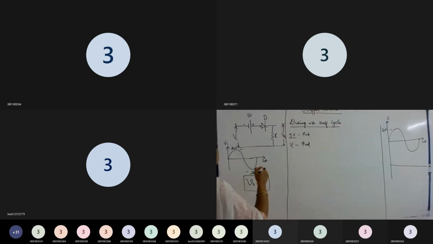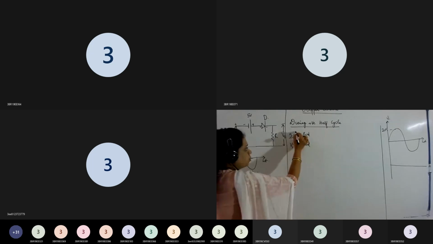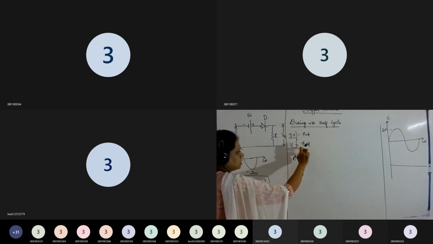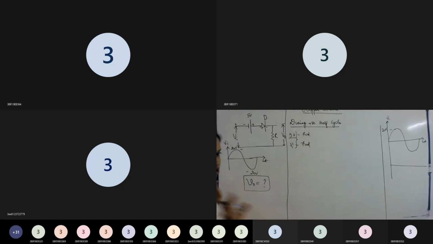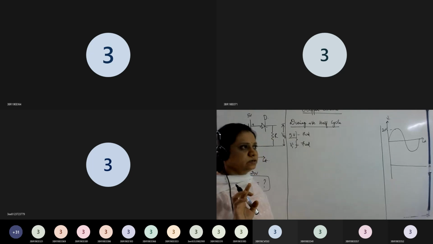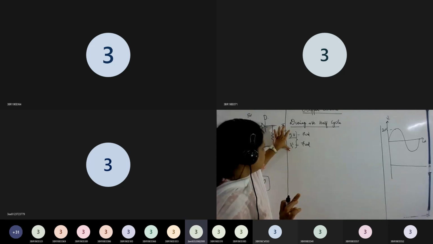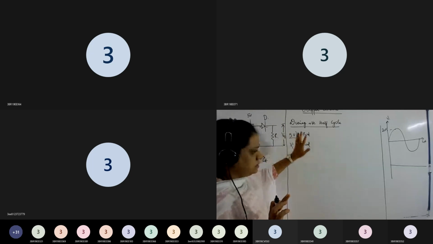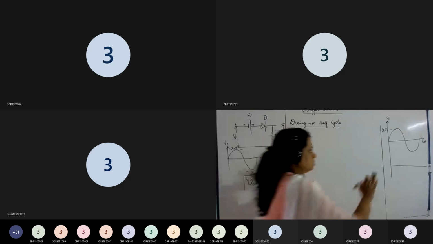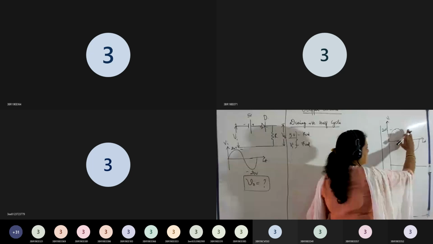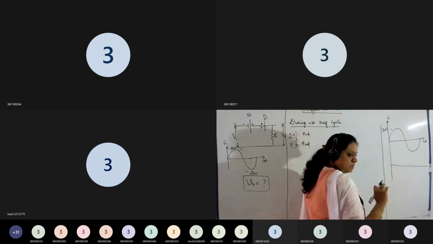So what happens during positive half cycle? Both are making the diode to conduct. There is no opposition. In this problem, both the battery and input are making the diode to conduct. So there is no problem in writing the first positive half cycle.